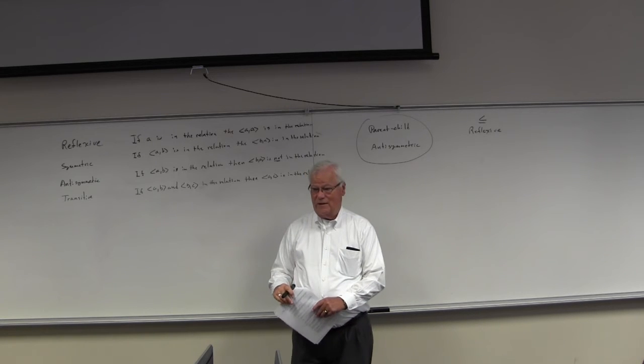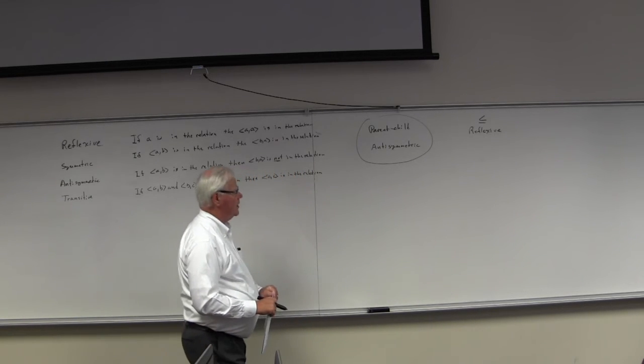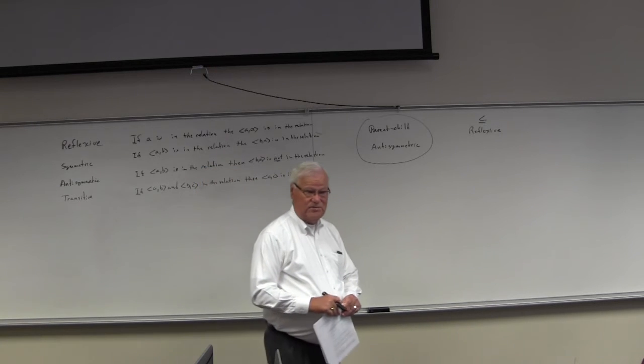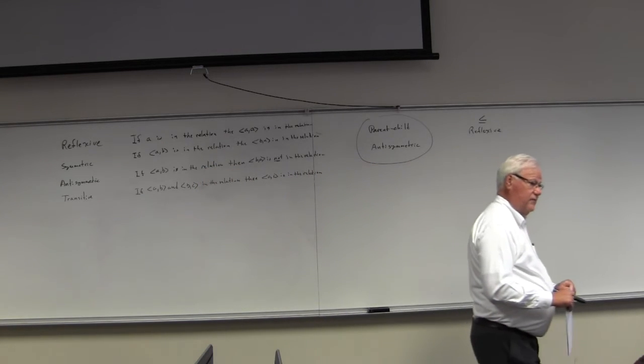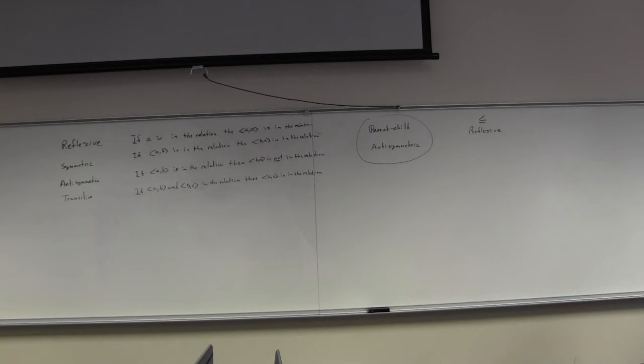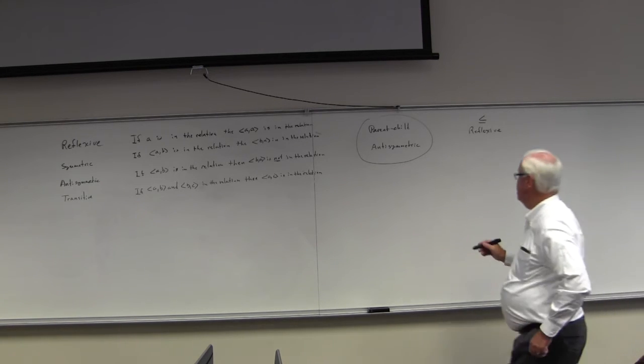Okay? Therefore, it is neither symmetric nor anti-symmetric. Is it transitive? It is, isn't it? If A is less than or equal to B and B is less than or equal to C, then A is less than or equal to C, right? So it is transitive.